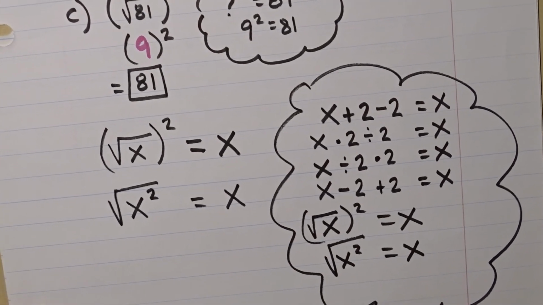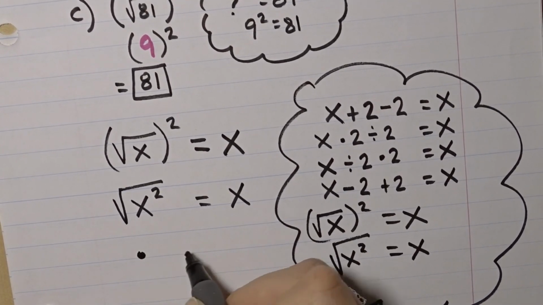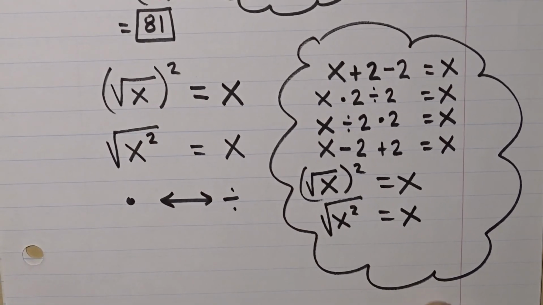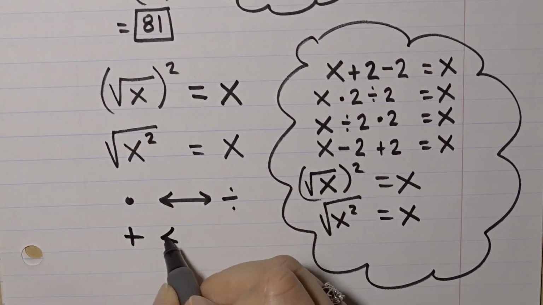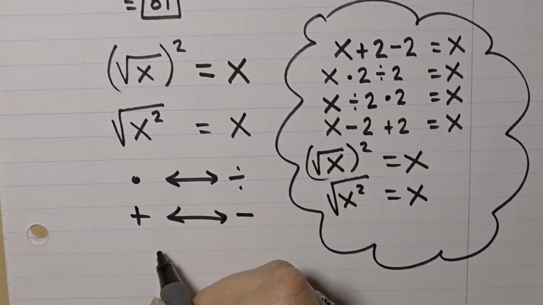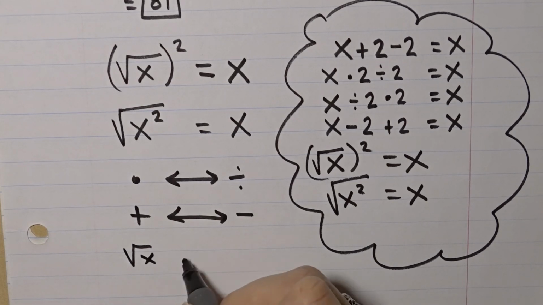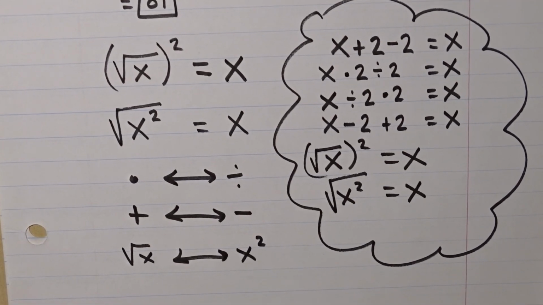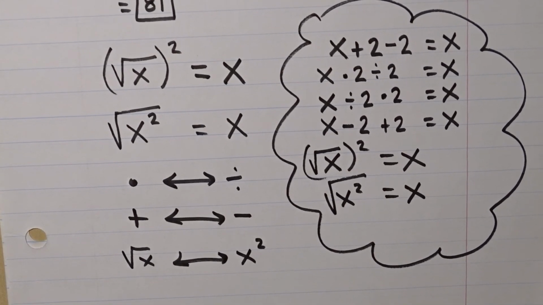So, if you really want to think about it, multiplication and division were inverses. Addition and subtraction were inverses. And square roots and second powers are also going to be our new pair of inverse operations, which is pretty cool. So, there you go.